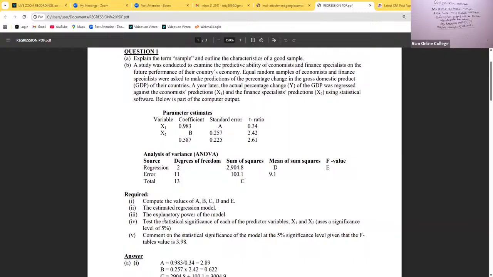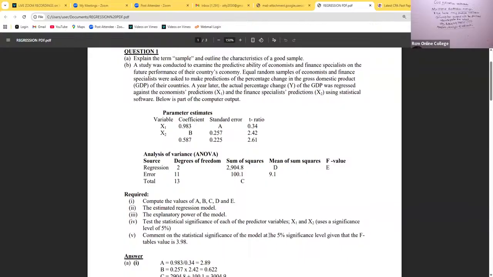Number 3, test the explanatory power of the model. Number 4, test the statistical significance of each of the predictor variables, x1 and x2, using a significance level of 5%. Then comment on the statistical significance of the model as a whole at 5% significance level, given that the F table value is 3.98.